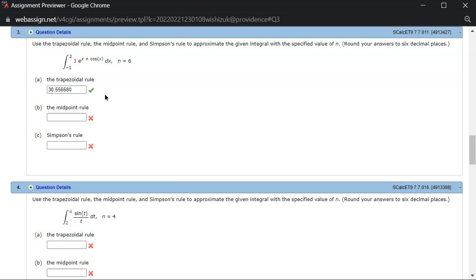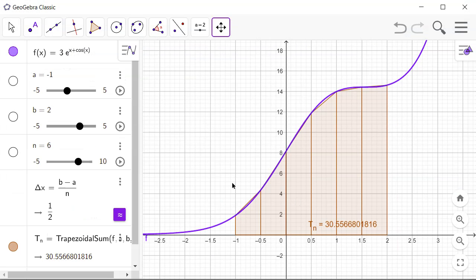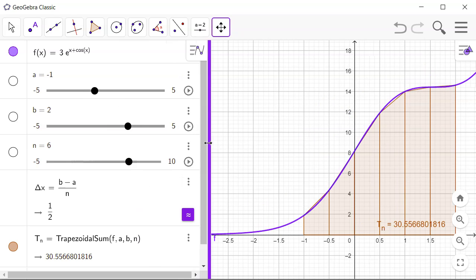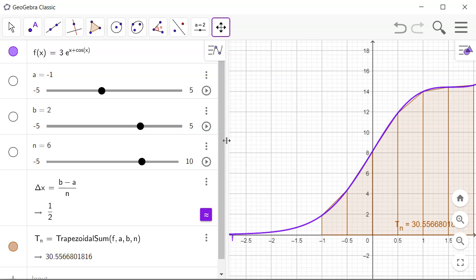So let's do the midpoint rule. Open up GeoGebra. Unfortunately, GeoGebra does not have a midpoint sum, but it has a left sum, so I'm going to tweak the left sum a little bit so that we can get the midpoint rule. I'll erase that one.